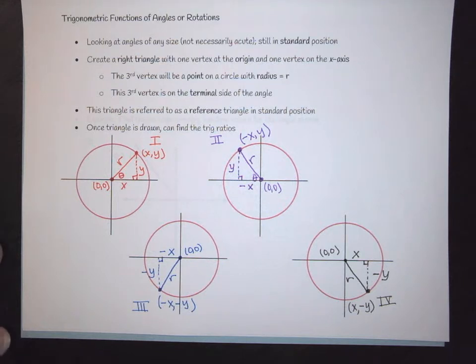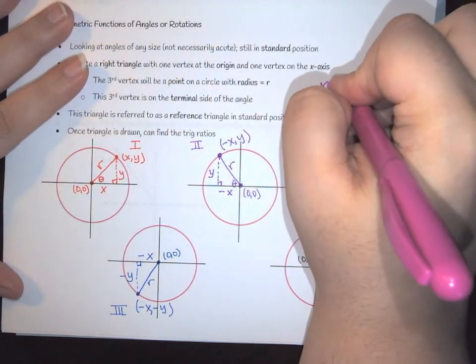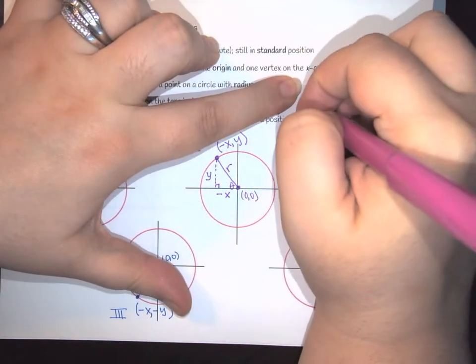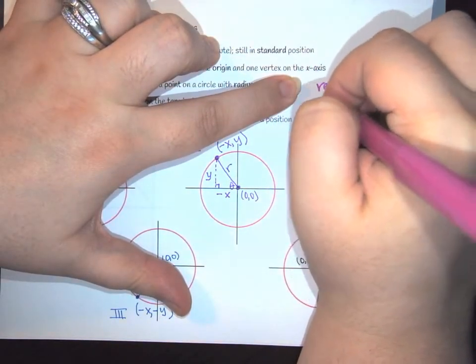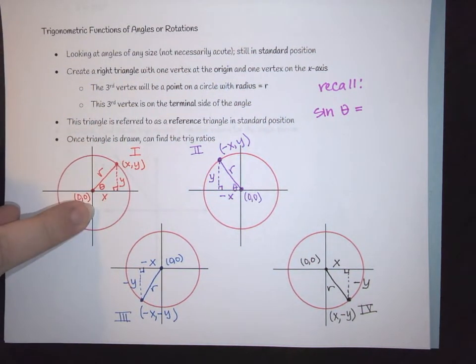Now, as an aside, there's an important thing that we have to remember when we're working, and we need to recall the following. Recall your reference: when we're talking about the sine of your angle in terms of your triangle here, the sine of your angle is always opposite over hypotenuse.